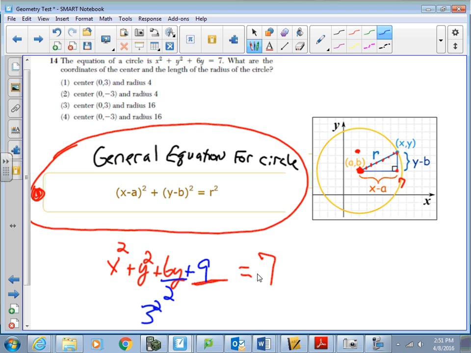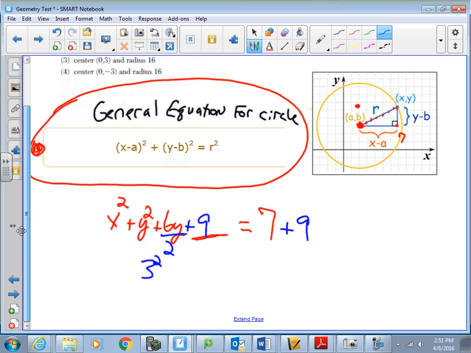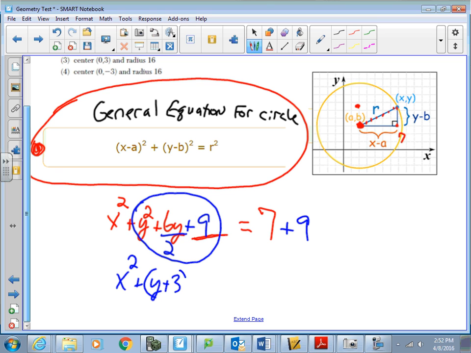Now you also have to do that on the other side, because you don't want to change the value, so we're going to add 9 over there. So now we're going to have x squared. Now this part right here is just going to turn into y plus 3 squared equals 16.